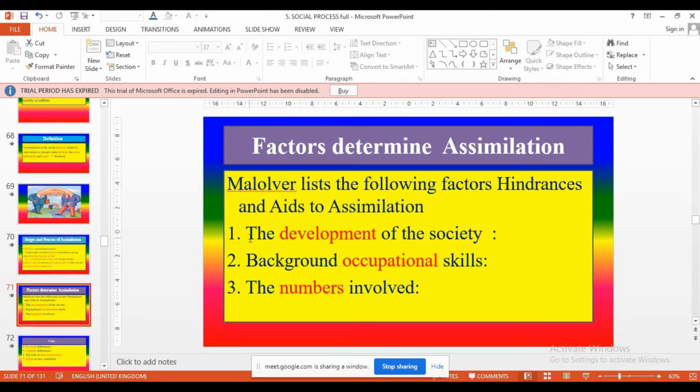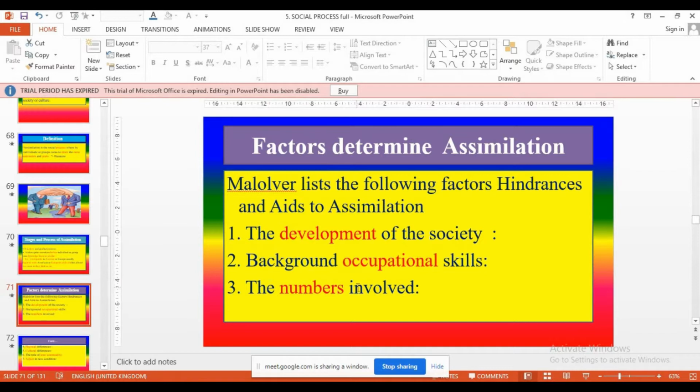First factor is the development of society. Favorable development, for example environmentally friendly, sustainable development, can promote assimilation. Unsustainable development, or declining development, means hindrance or resistance to assimilation.